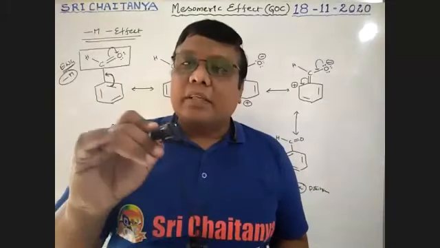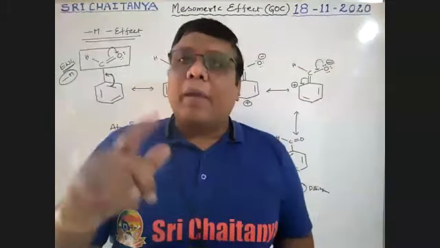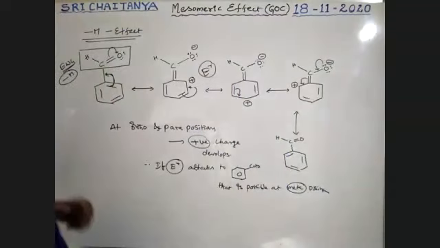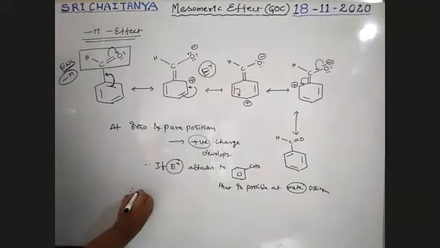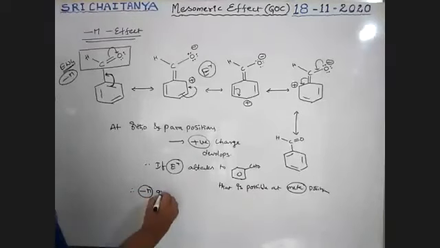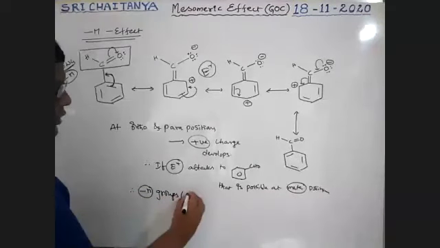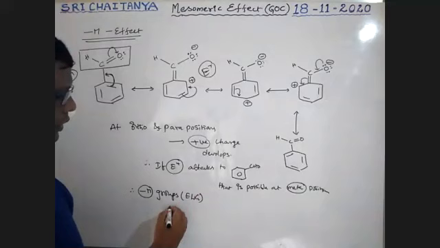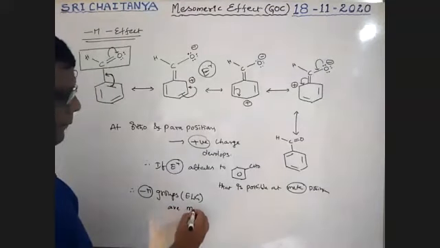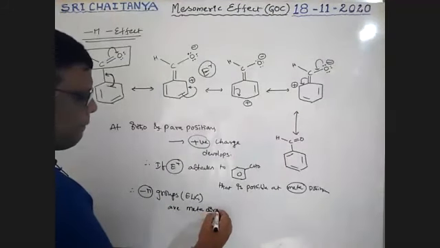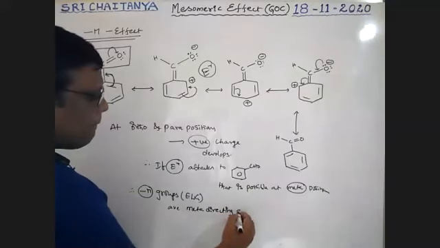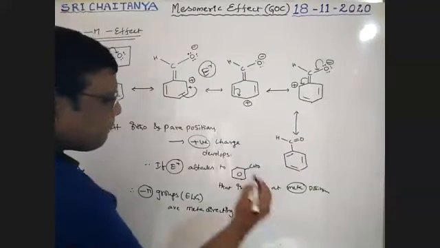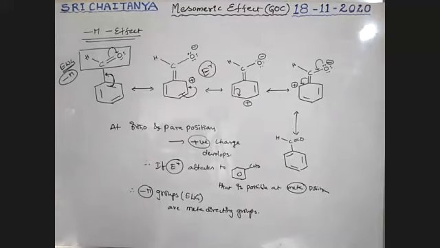Therefore minus M groups are nothing but electron withdrawing groups or meta directing groups.